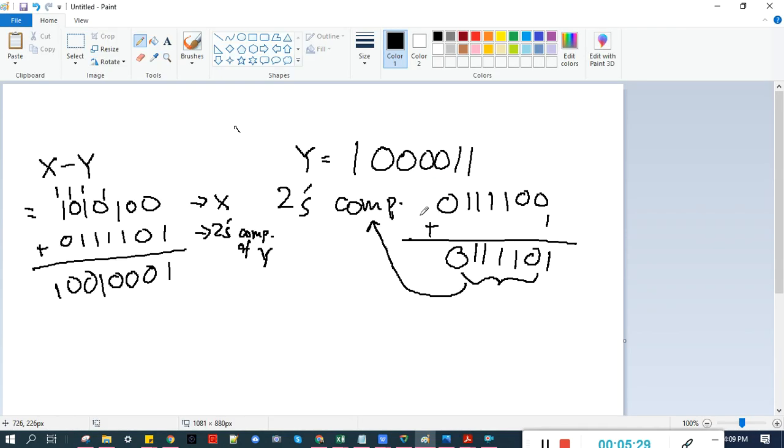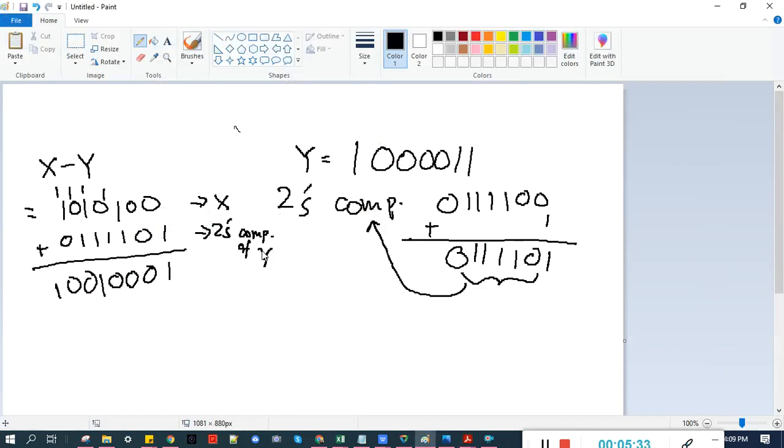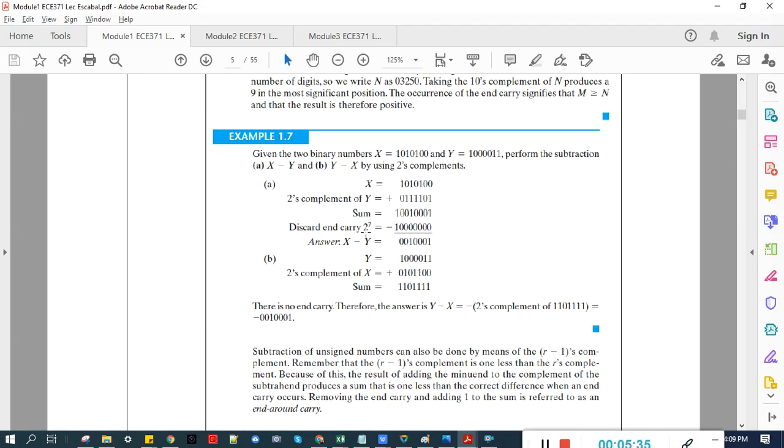So let's check if we have the same answer. Yes, 1, 0, 0, then 1, and 3 zeros, and then 1. So the same result. And then it says here, discard the end carry to the 2 to the 7.